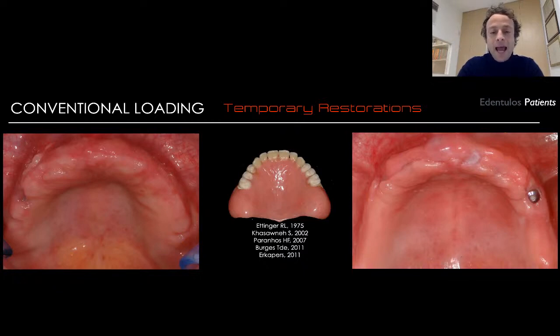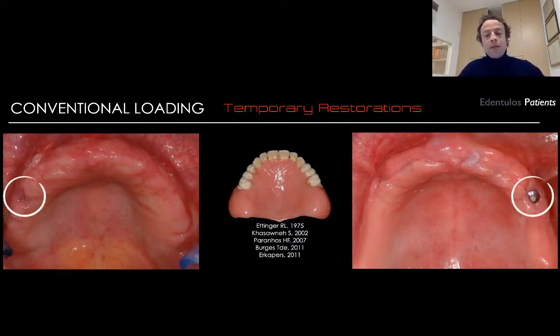So we have a good vertical height of bone, but the thickness is really limited, like a knife. And so in this situation we have to do, for example, horizontal augmentation, or maybe we place implants and we make a mistake in the preparation of the sites, and the implants have a really poor primary stability, less than 5 Newton, and so in this situation we need to submerge the implant.